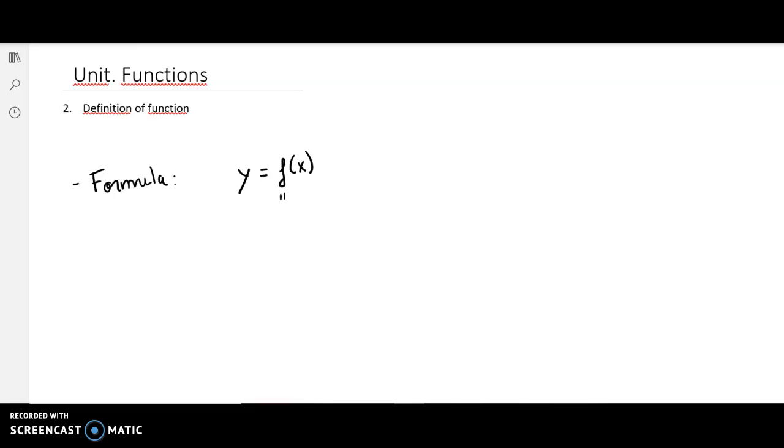Okay, f means function, and x is the letter or variable that we are going to write in the right side.